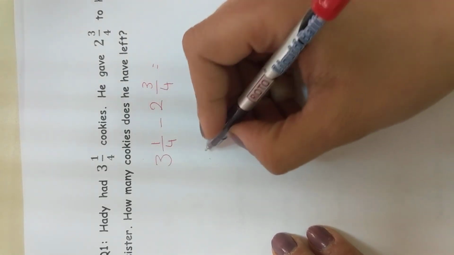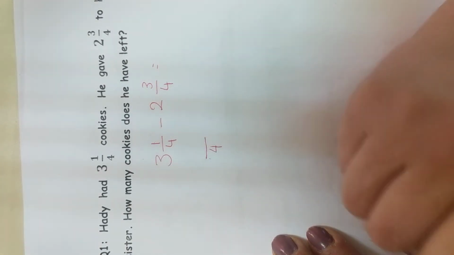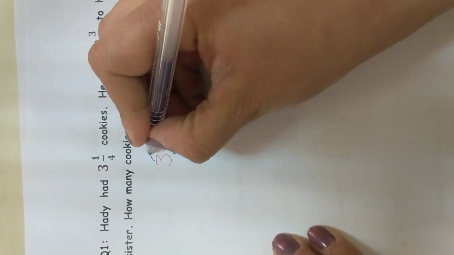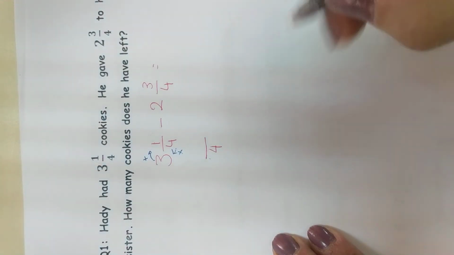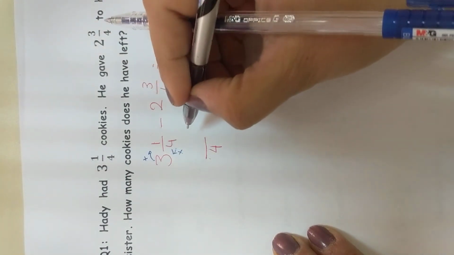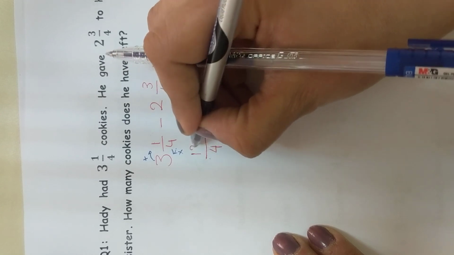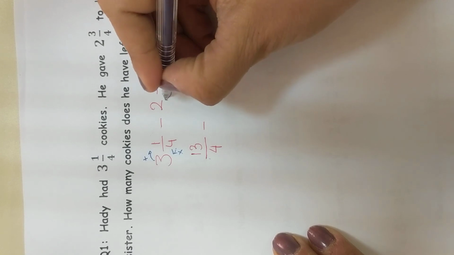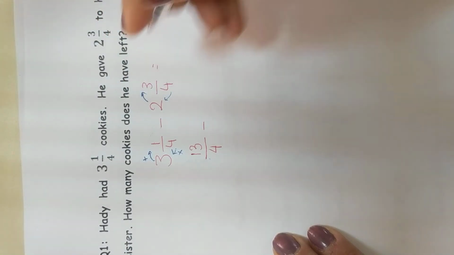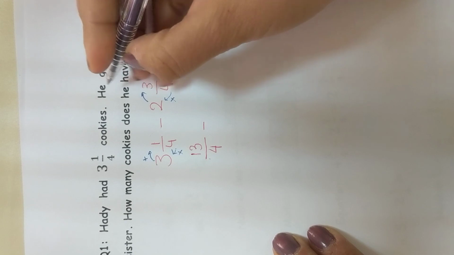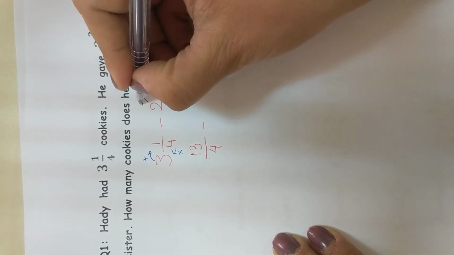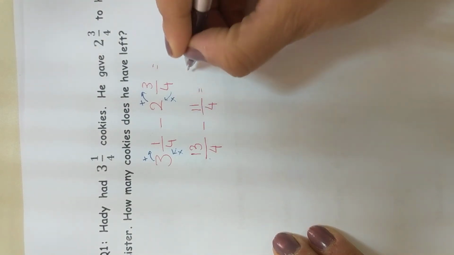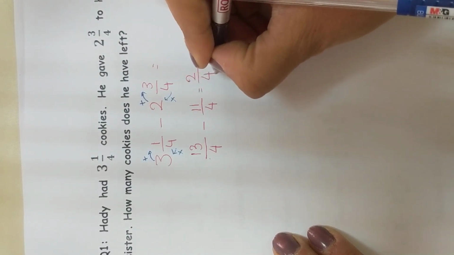To change this number into improper, I put the denominator as it is, and then I make times, then plus. 3 times 4, 12, plus 1, 13, minus, I do the same, 4 times 2, 8, plus 3, 11. I put here 11 over 4. The answer will be 2 over 4 left.